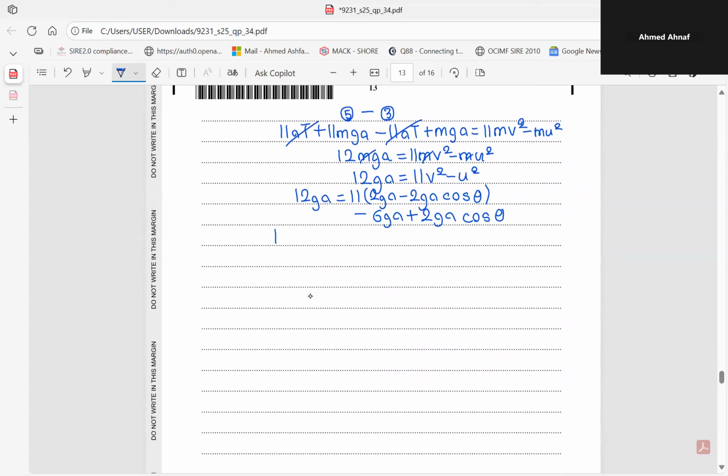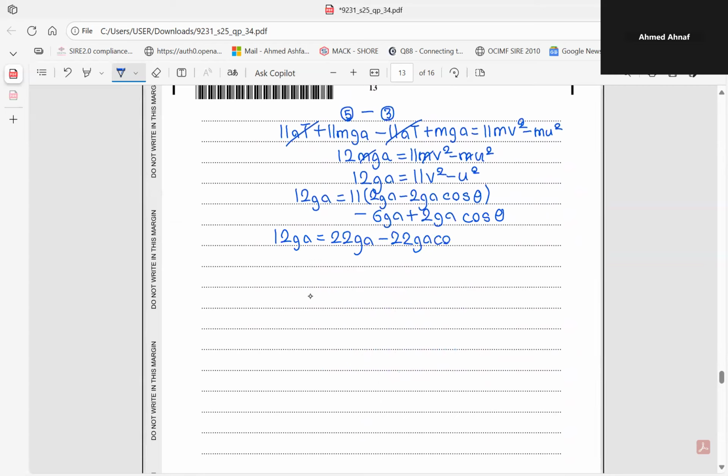Now expanding and simplifying, we get 12ga equals 22ga minus 22ga cosine theta plus 2ga cosine theta minus 6ga. So 22ga minus 6ga, you get 16ga. And then minus 22ga cosine theta plus 2ga cosine theta, you get minus 20ga cosine theta.